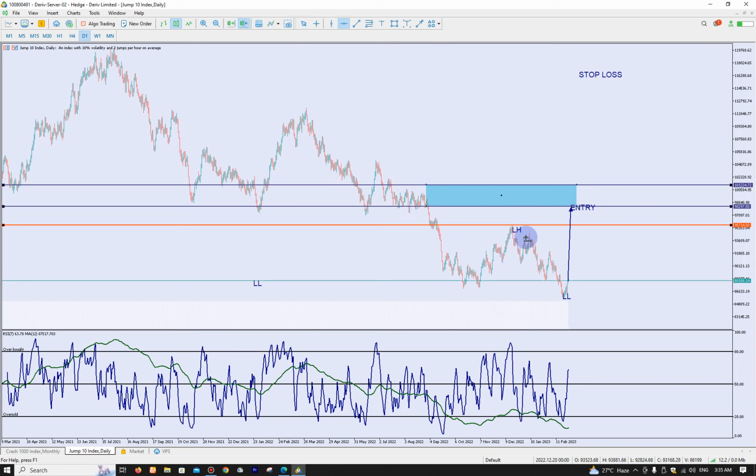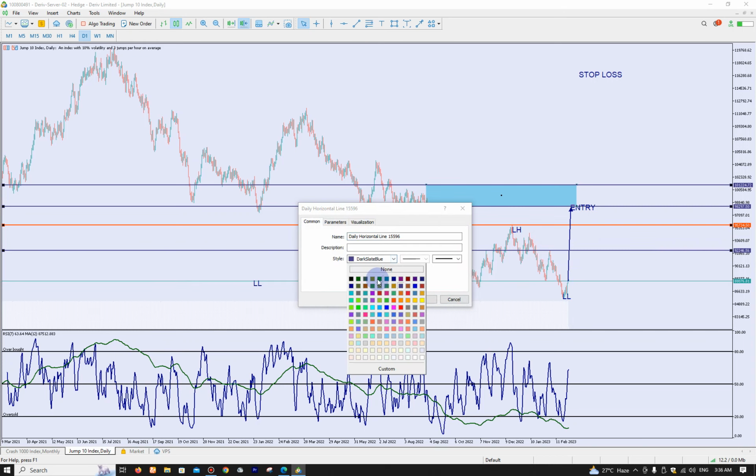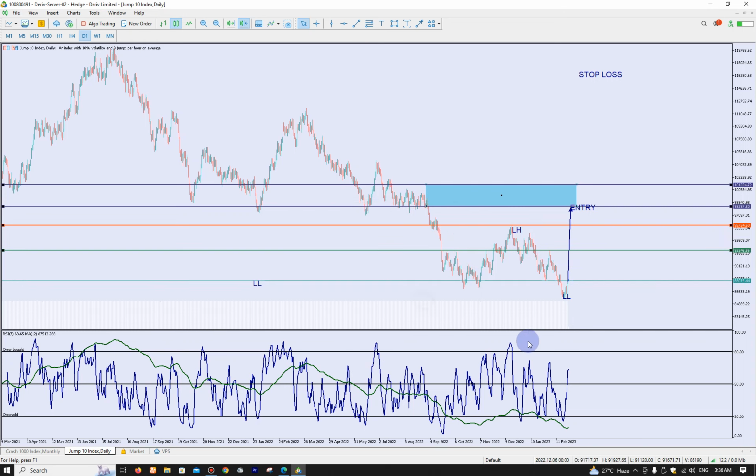You can actually see that is our TP zone. You can actually place this area. Let me change, make it a positive color. Yeah, this is my TP zone for this trade. So I should be looking at this as my take profits.